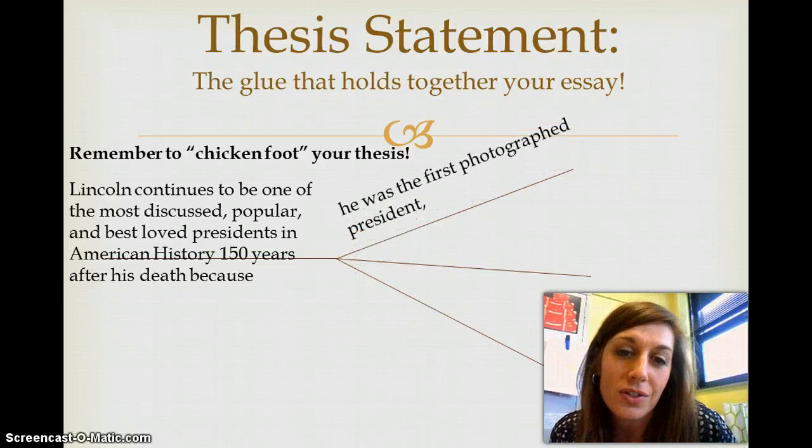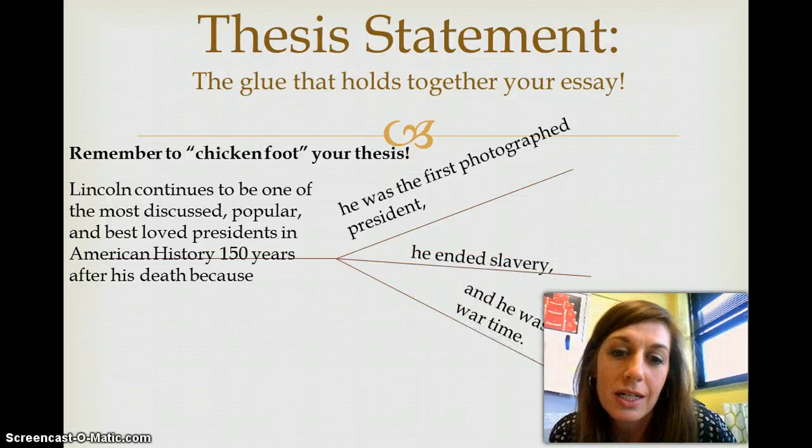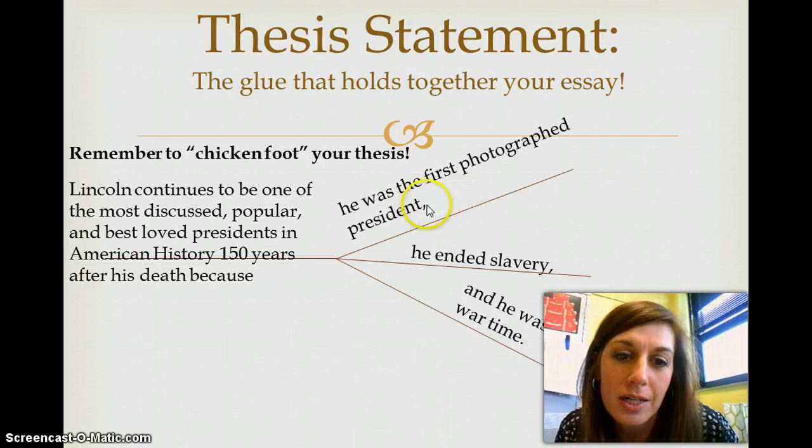She wrote down he was the first photographed president, he ended slavery, and he was a president during wartime. I want you to notice that comma, and period. Also, you may notice that she used some excellent parallelism in starting each one of the toes of her chicken foot with the word he followed by a verb, so they all have a great structure.